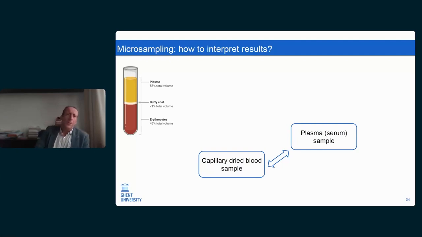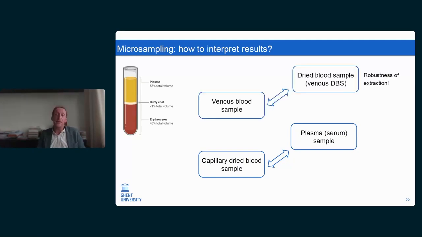If you look into literature, quite often we see that a capillary dry blood sample is compared with a plasma sample, and then a correlation is made, and then people say, okay, we're happy, we find a correlation. But it would be strange if you wouldn't find a correlation between, for instance, a dry blood finger prick sample and a plasma serum sample that corresponds with that. Obviously, you expect a correlation. The question is, can we really translate the result from this dried blood microsample to a serum sample. And that requires quite some more analysis.